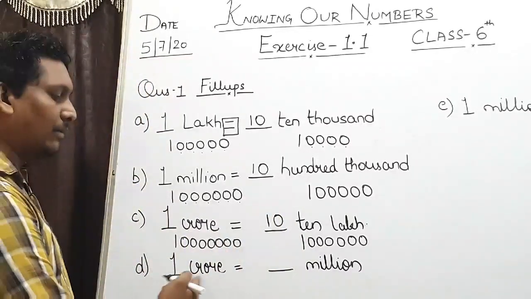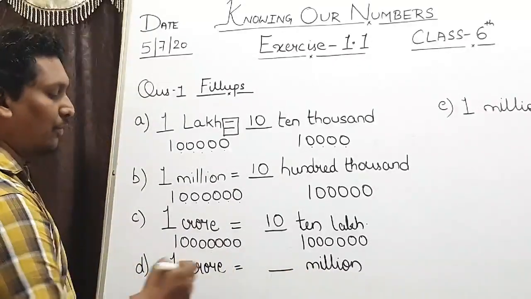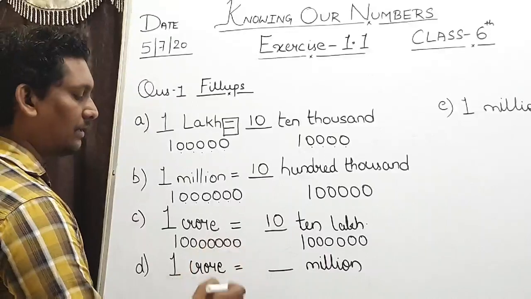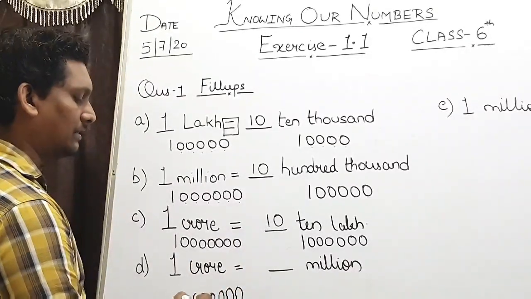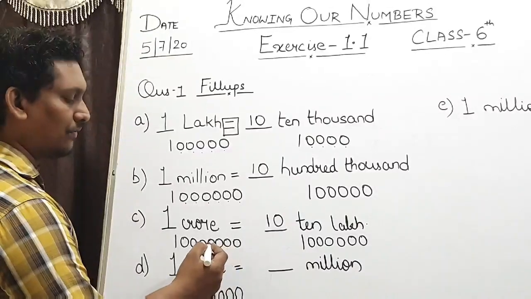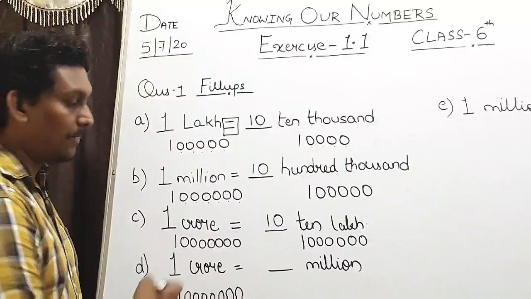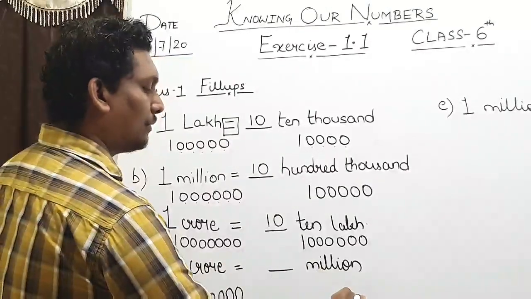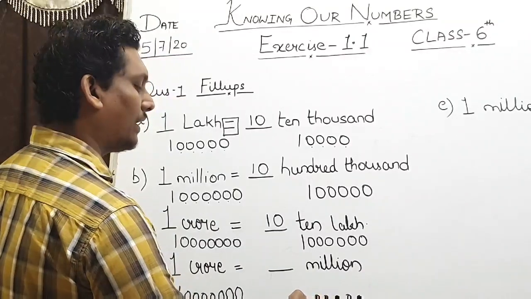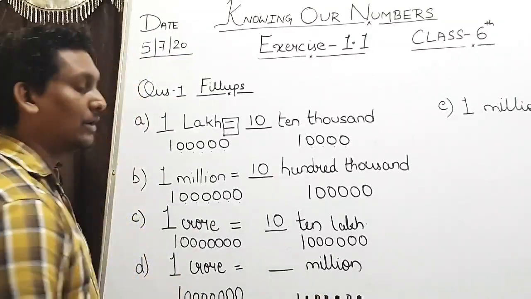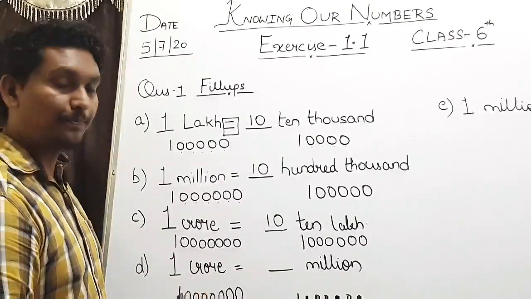Same way, again 1 crore and 1 million, and a dash million is given here. So in 1 crore, how many zeros are there? 1, 2, 3, 4, 5, 6, 7. Then 1 million. Same way here also 1, 2, 3, 4, 5, 6 zeros are coming. So again we need one more zero.